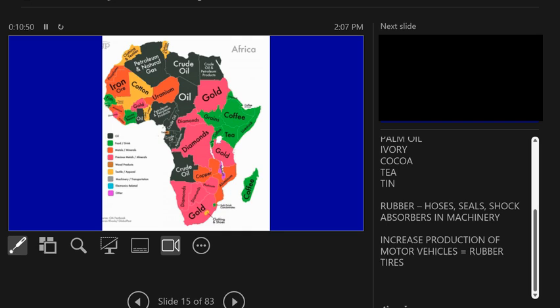And rubber is the most important resource at this time because with rubber, you make hoses that are needed in factories, seals, shock absorbers for machinery. But the invention that's changed the world is the automobile, and you need rubber for the tires. So there's a huge plunder of Africa for its resources.